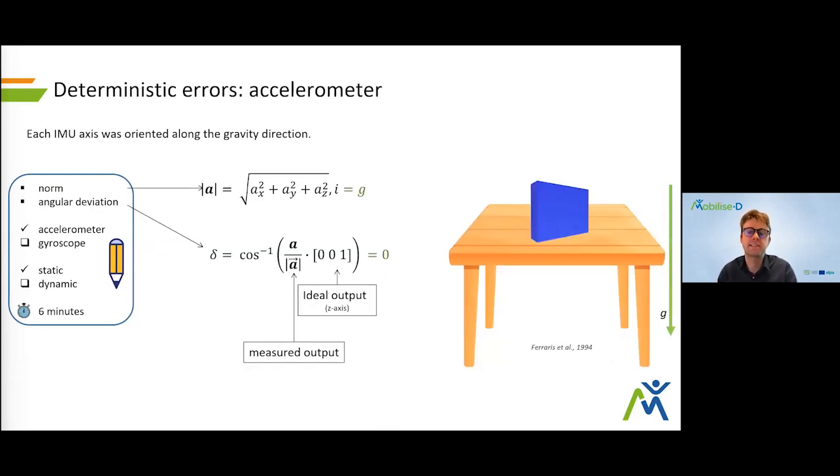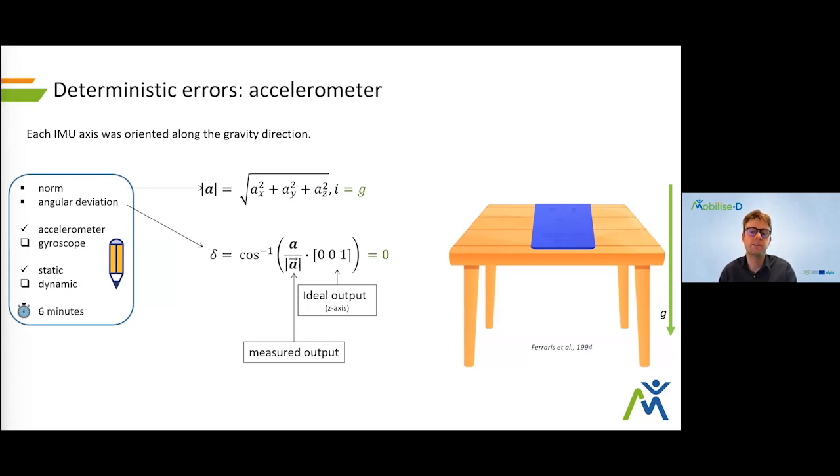For what concerns the assessment of the accelerometer deterministic error, we oriented each IMU along the gravity direction, one axis at a time. For each orientation, the two following conditions must be verified. The first one means that the norm should be equal to the gravity magnitude, and the second that the angular deviation from the vertical direction should be 0.